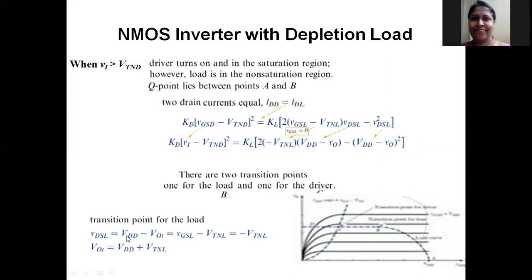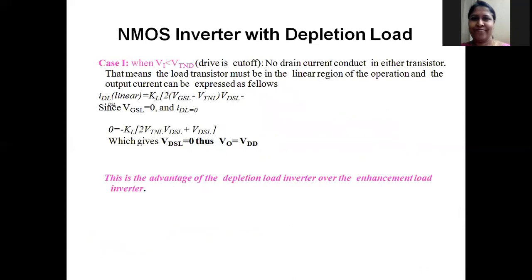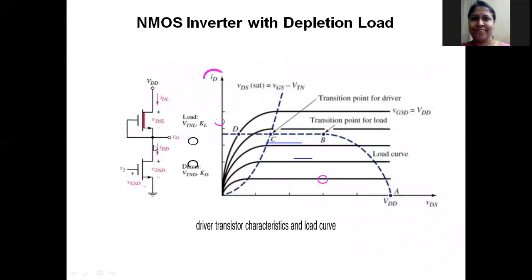And what is the value of the output? Some current is flowing through this device, and here also current is flowing. The output will be equal to the current times the resistance of this device, or V0 will be equal to VDD minus the drop across this.